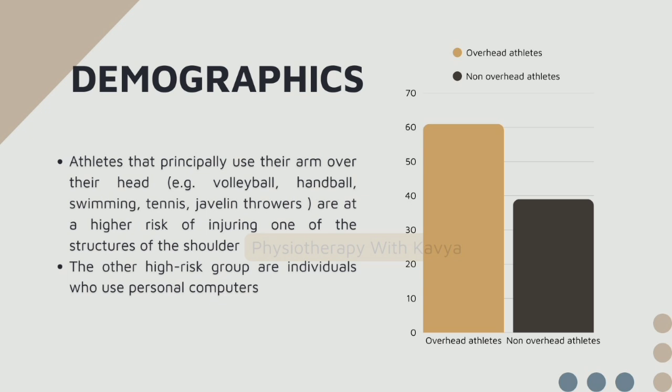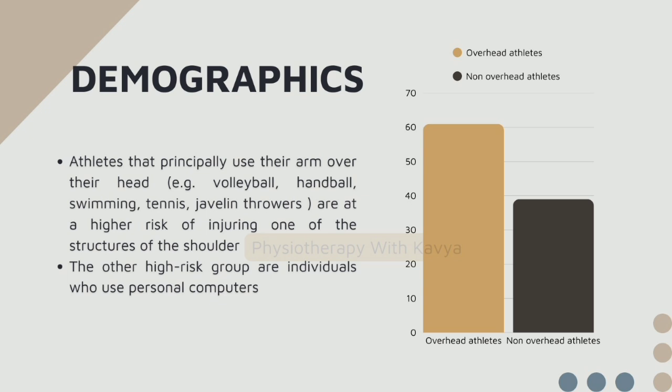There are athletes that can present with this one, and those are primarily the ones who use arm over their head. For example, volleyball, handball, swimming, tennis, javelin throwers are at higher risk of injuring one of the structures of the shoulder. The other high risk groups are individuals who use personal computer.